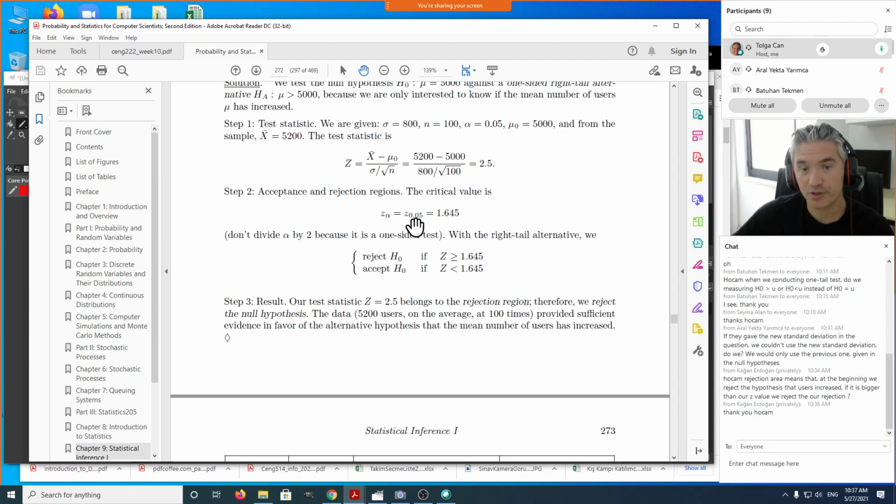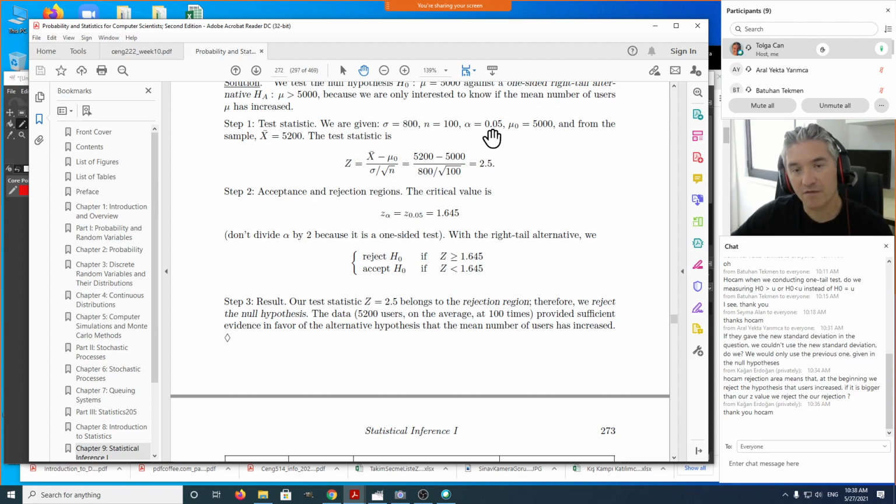Okay, 90% confidence means that you will be rejecting lots of things, which means that you're not confident in your rejections. Your confidence decreases. But if you want to be more confident, you make your alpha equal to 0.0001, for example. If alpha is 0.0001, that z-value is going to be really large, like maybe 4.5. Only if you observe a very extreme case will you reject it. So having a smaller alpha means you need more evidence to reject the null hypothesis, to accept in favor of the alternative one.